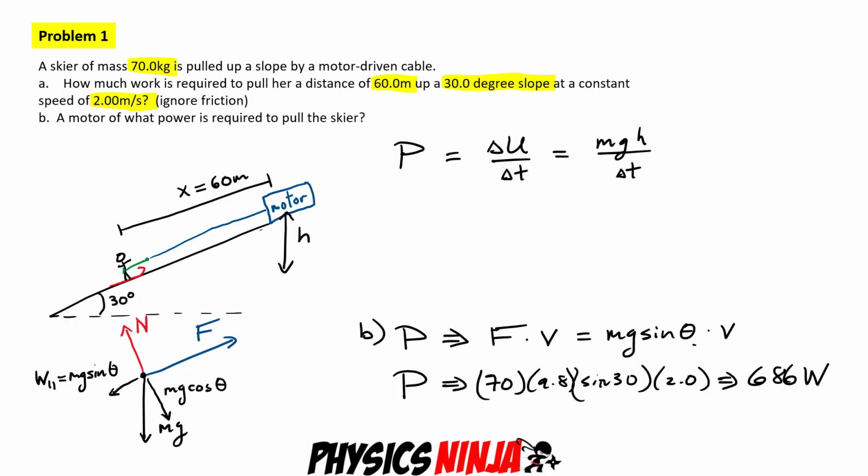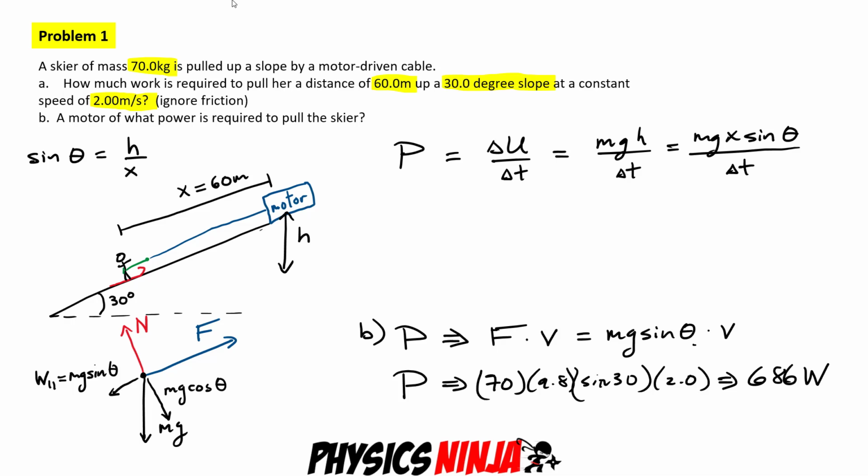Well, how would you write the height here? Let's imagine we did some trigonometry. You can write the height here as being: sine of the angle theta is equal to what? h divided by x. So I can write the height then as being x sine of theta, so mg x sine of theta. And now I still have to divide by delta t.